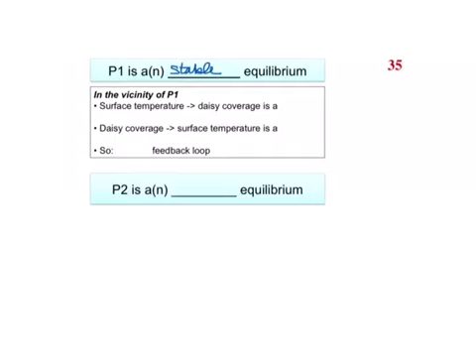So it's a positive coupling. Whereas daisy coverage to surface temperature is a negative coupling. It's a negative coupling throughout the whole range of temperatures. So this is a negative feedback loop.